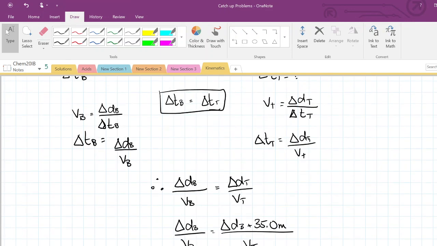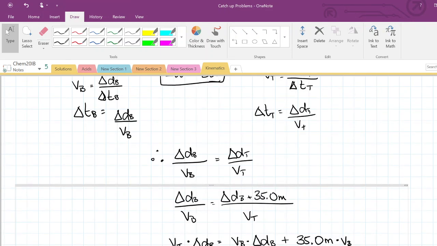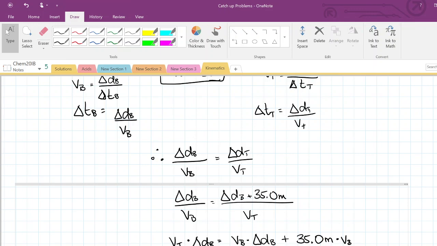And I know that Tom's total distance is Bill's total distance plus that additional 35 meters, right? Now I'm going to rearrange this, because if you notice what I have here, I have total distance for Bill on both sides of the equal sign. So I'm going to rearrange that so I can get the distance for Bill on one side and isolate it.